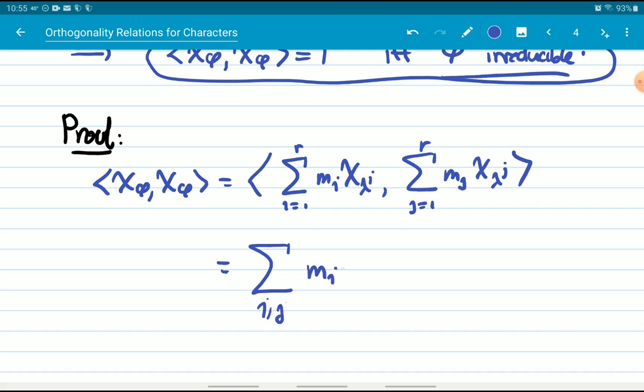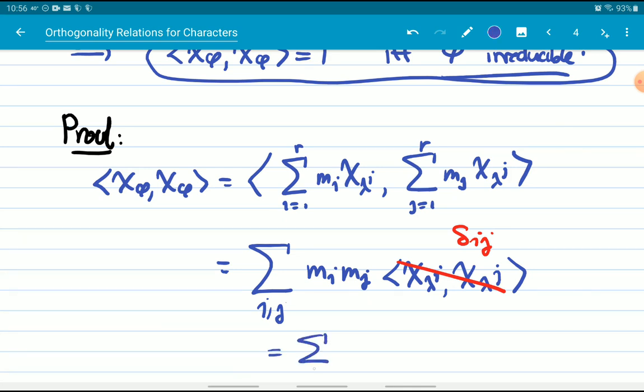Notice, in general, I have to put a complex conjugate over something I pull out of the second variable, but mj is an integer, so I don't have to do that. It's already a real number. So we get that formula. But again, the theorem tells us that this is either 0 or 1. So that gives me the formula.